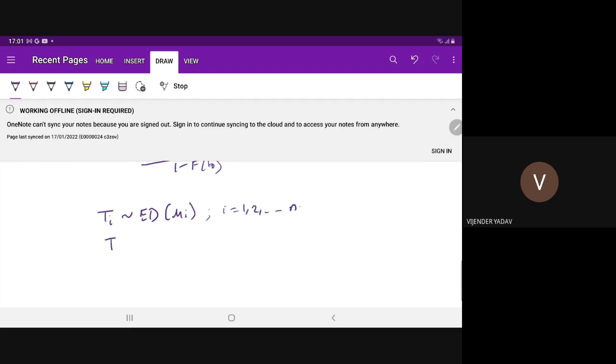Now we define the new random variable T as the minimum of T1, T2, T3, ..., Tn. Since it is a function of random variables, it is also a random variable, or you can say it is a continuous random variable. So now we have to determine the PDF of this distribution.